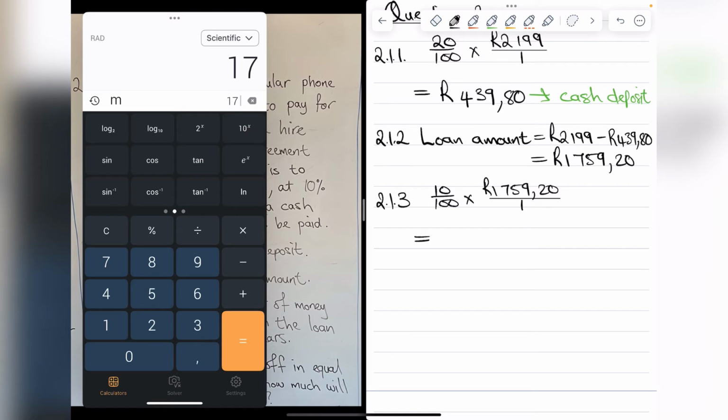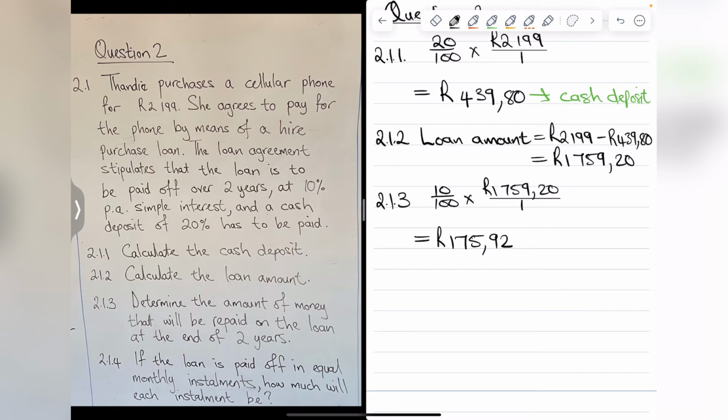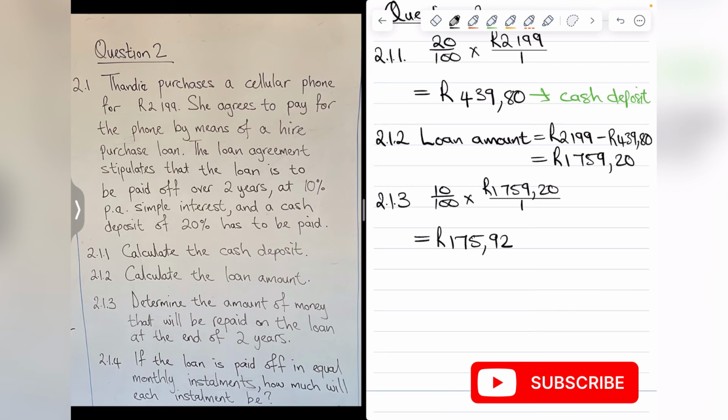So that is 1,759, 20 cents multiplied by 0.1 basically, and that gives us 175 Rand and 92 cents. That is the interest for 1 year, right? Remember, we are calculating interest at 10% per annum, so per year. So this is the simple interest for 1 year.